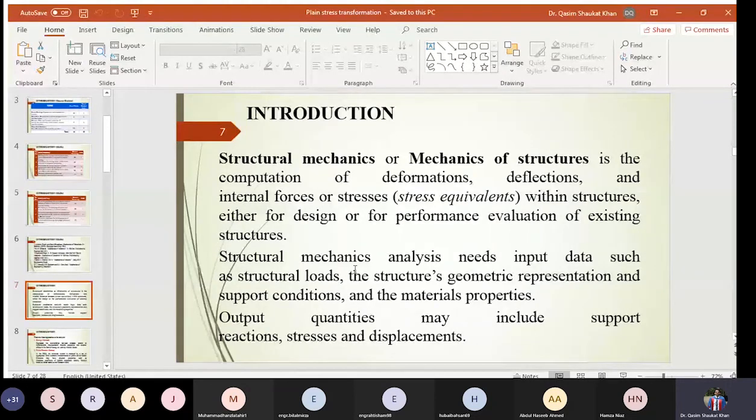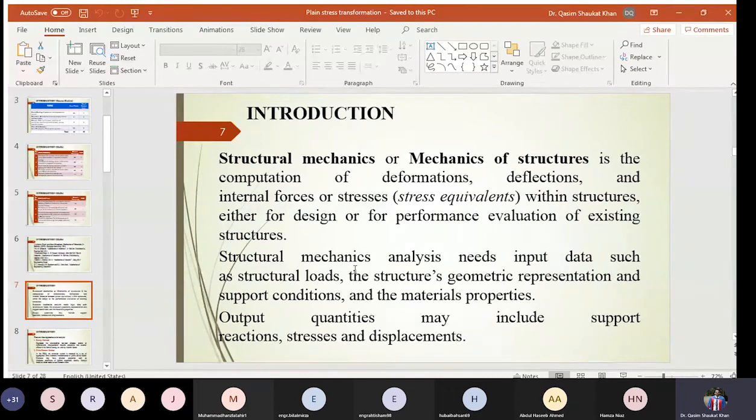All these support conditions are required for the analysis of the structure. You have seen this in your elementary structure analysis and structure analysis. In elementary structure analysis, you were analyzing determinate structures, whereas in structure analysis, you were analyzing indeterminate structures, calculating fixed end moments directly from the formulas into the force method.